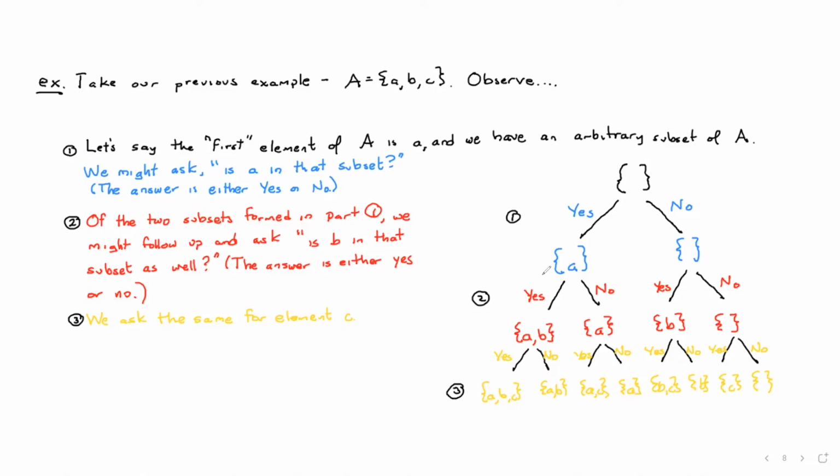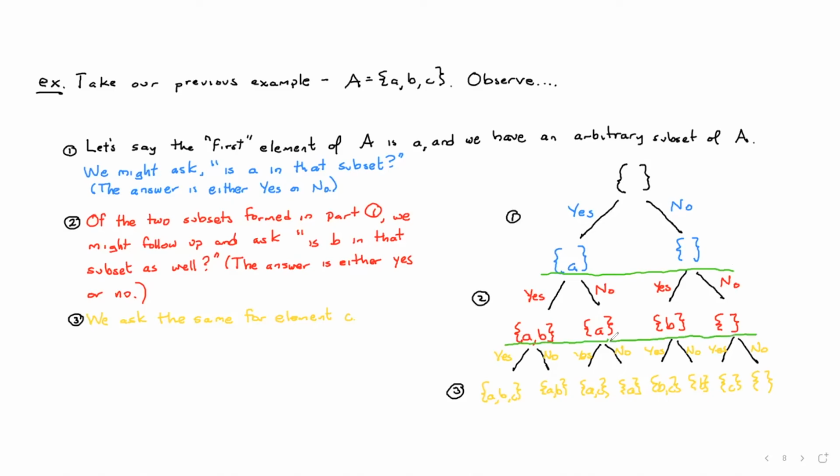Let me just separate everything above this green line right here. So you can see if you start with nothing and a is in the set, and we decide that a is in the set, well, then we have the set containing a. If we decide that a is not in the set, then we still have the empty set over here. So answering this question yes gives us {a}. Answering it no still gives us the empty set.